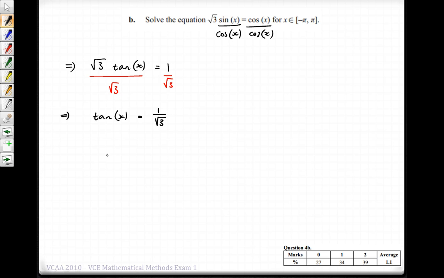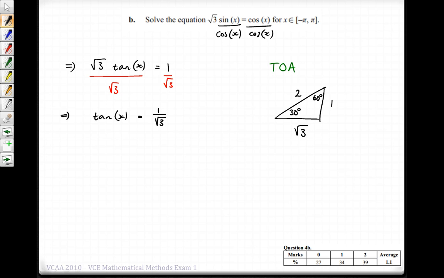So this is just a pretty simple case now of finding our reference angle and then solving the equation. My reference angle is the angle that gives me 1 on root 3 for tan of x. So we know that tan is opposite on adjacent, and hopefully you guys will remember that one of our triangles is the 1, root 3, 2 side lengths with a 30-degree angle in here and a 60-degree angle in here.